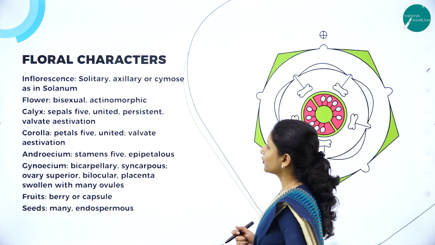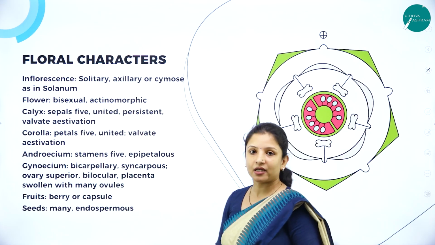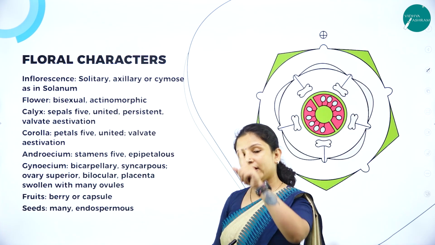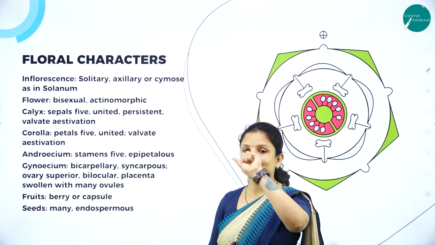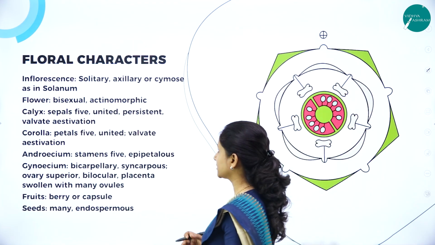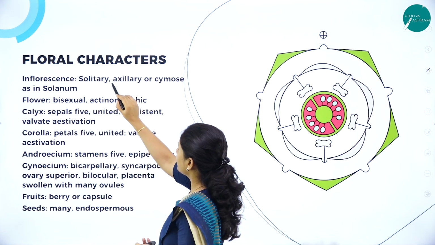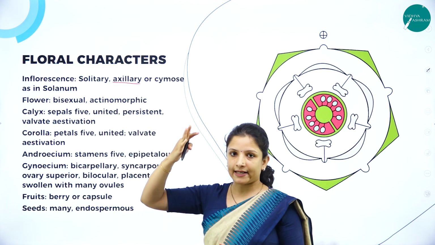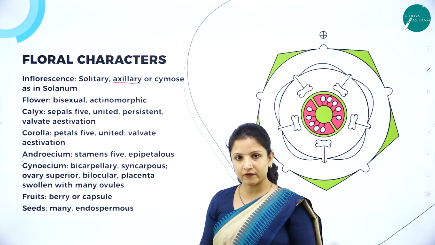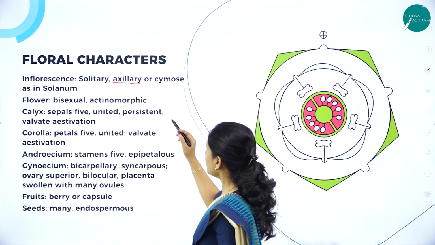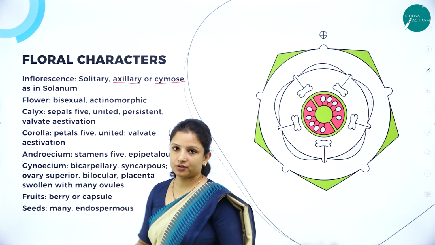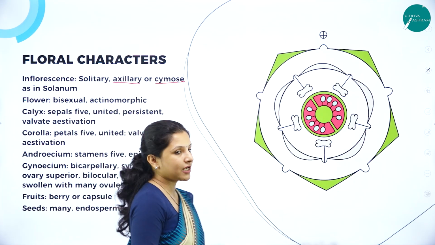Next, talking about the floral characters. Inflorescence, it can be either solitary, wherein at the tip of the stem or the floral axis only one flower will be produced. It can be solitary or it can be axillary. They can be cymose inflorescence. What is cymose?